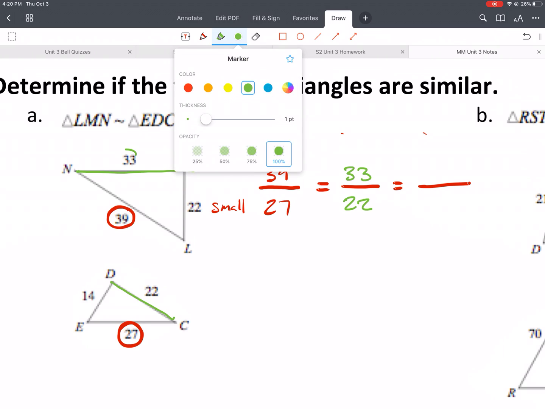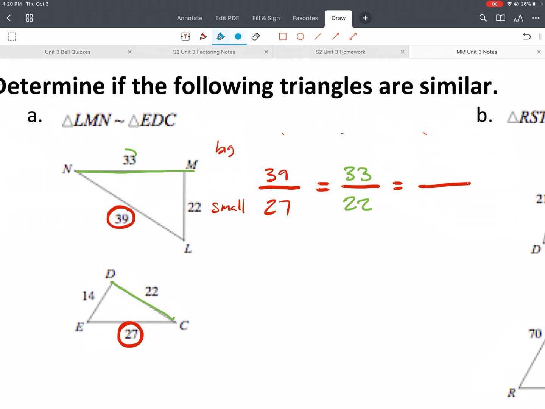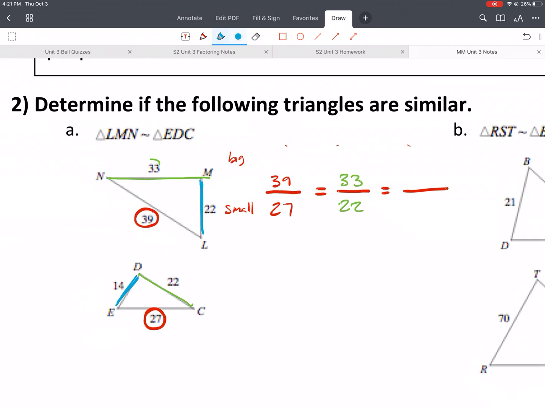And then you could guess the last side, those would be proportional as well. So we would do 22 over 14. If you notice, all of the big sides of the big triangle are on the top, and all the small sides of the smallest triangle are on the bottom.